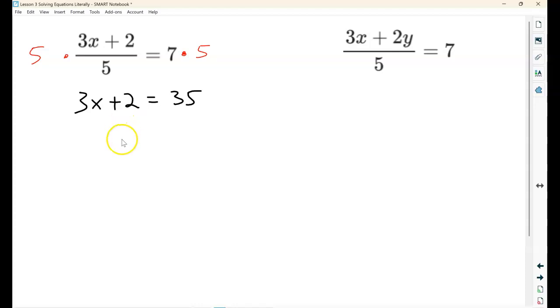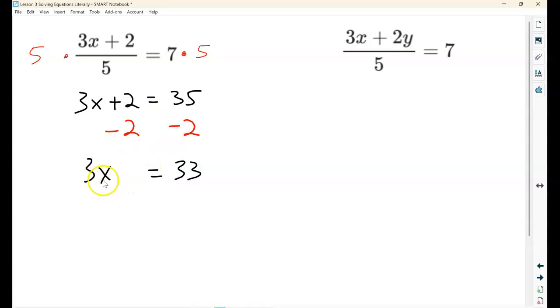Next, we're going to do the opposite. We're still trying to get to this x here. We do the opposite of adding, which is subtraction, so we subtract 2 on both sides. Now we have 35 minus 2, and that's going to get us 33.